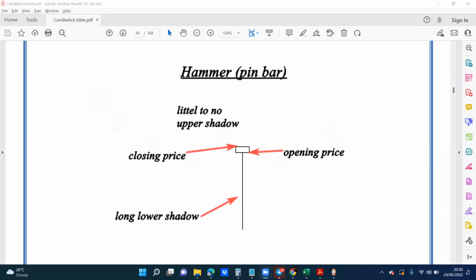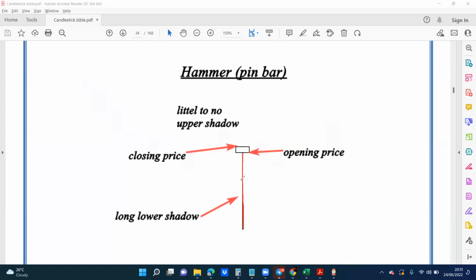And by the way, a bullish hammer is a bullish pin bar. The bullish pin bar has a very long lower shadow, very long lower wick.